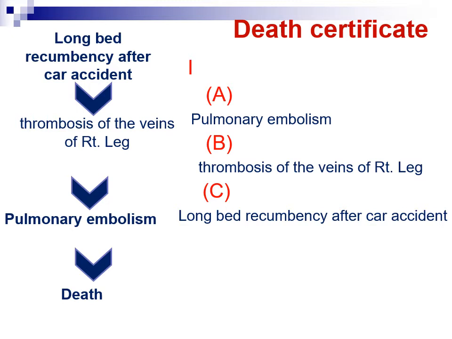So C causes B and B causes A, and A is the last event before death. Part 2 includes chronic heart failure. It is a significant condition that may contribute to death, but it's not the cause of pulmonary embolism, not the cause of death.